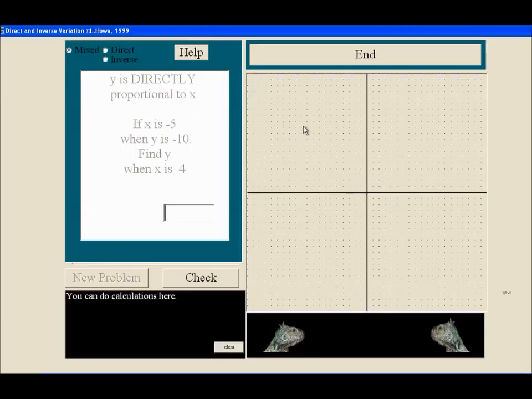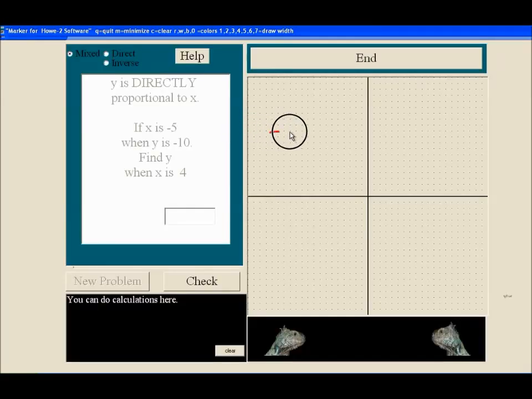Now remember, my student who helped me to remember what's what said, Ms. Howe, if it's directly proportional, you're setting it up with a division. So x in the first experiment divided by y in the first experiment equals x in the second experiment divided by y in the second experiment. So if x is negative 5 when y is negative 10, find y when x is 4.